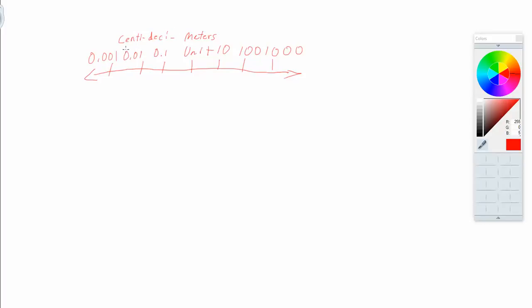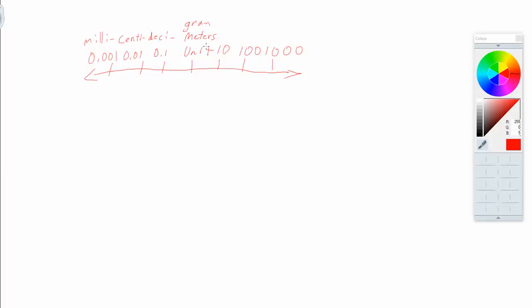And then you go to the thousandths position, and then you have a milli. Alright, so you have millimeter, centimeter, decimeter, and you can also have gram here too. So you have milligram, centigram, decigram.